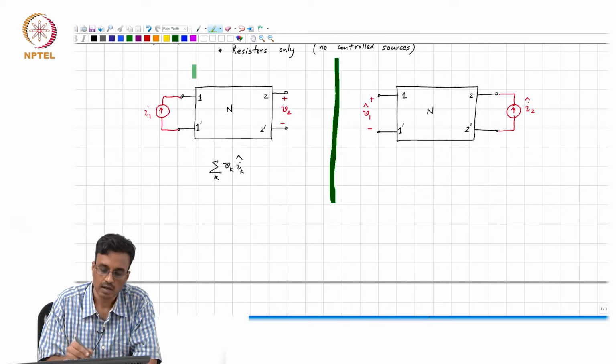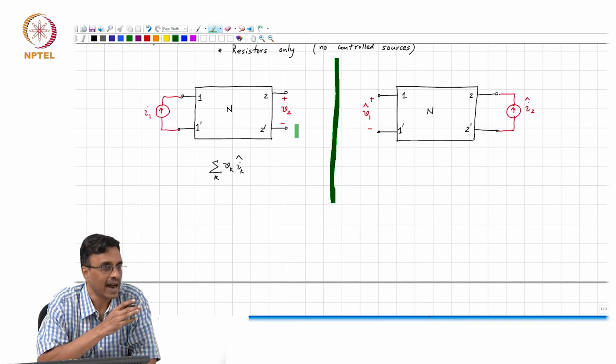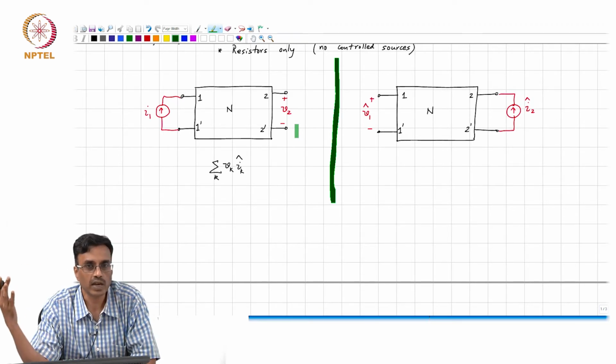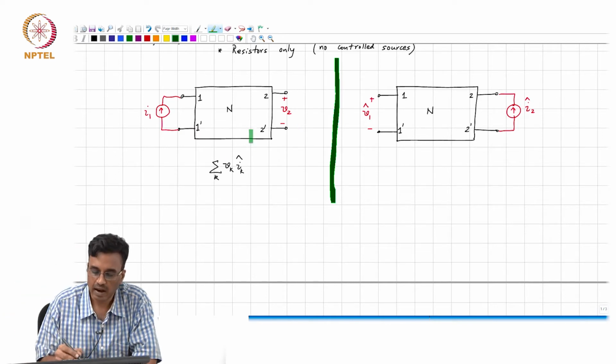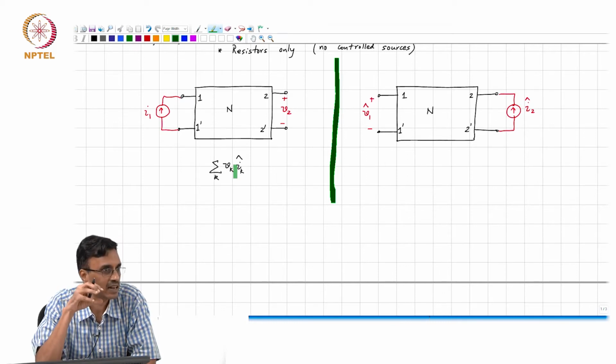Remember, the unhatted quantities correspond to the network on the left, the hatted quantities correspond to the network on the right. The k runs over all the branches which are sitting inside the box.